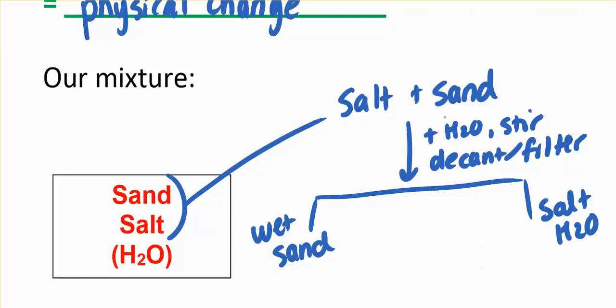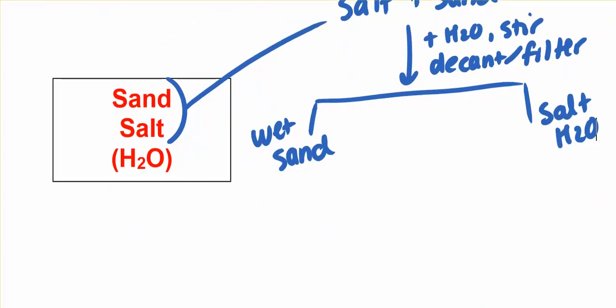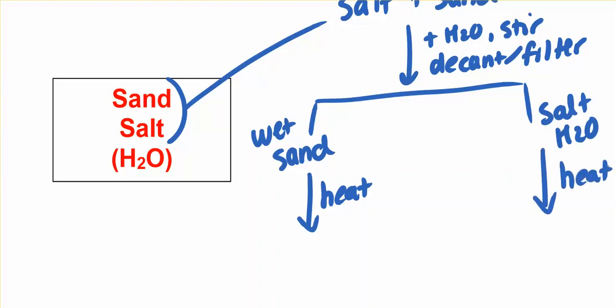So we've extracted the salt out of the sand salt mixture. Then you can just heat both of these to remove the water, and you'll get your sand back and you'll get your salt back. So it's pretty easy, just using physical methods to get back our original components that we put together. They retain their identity when we mix them together.